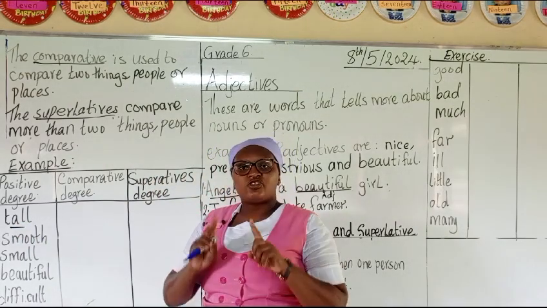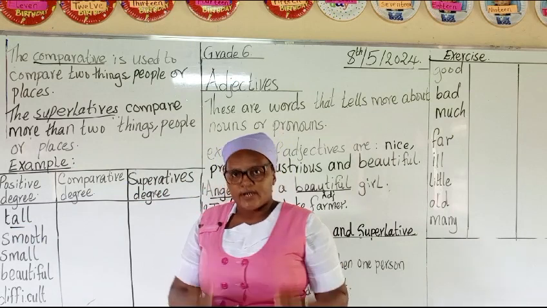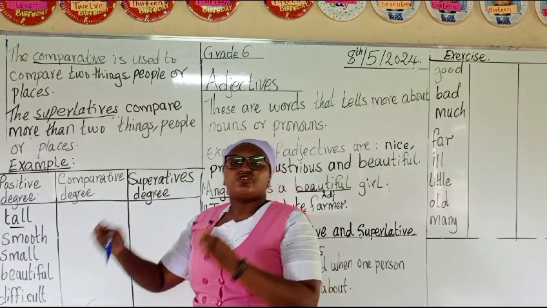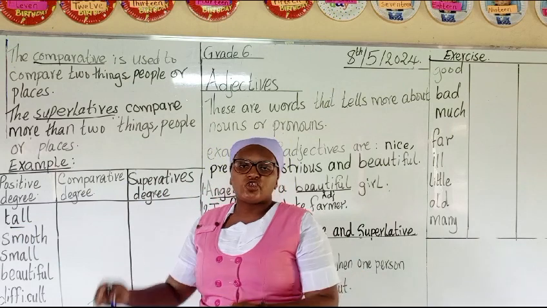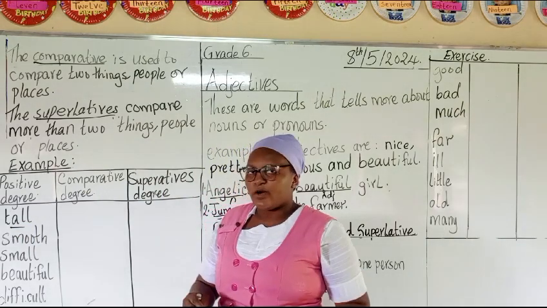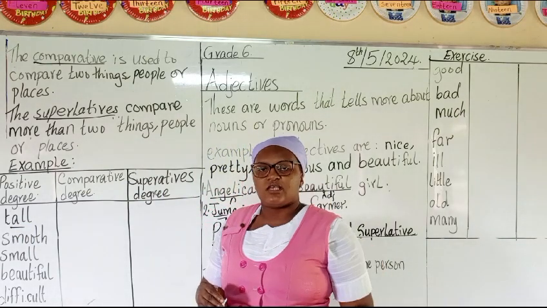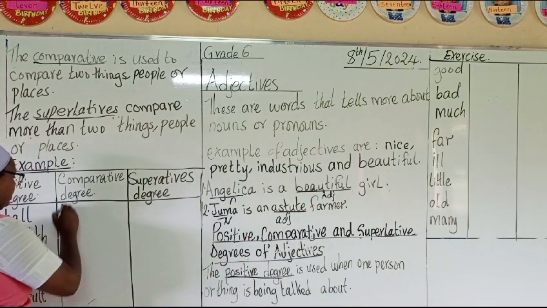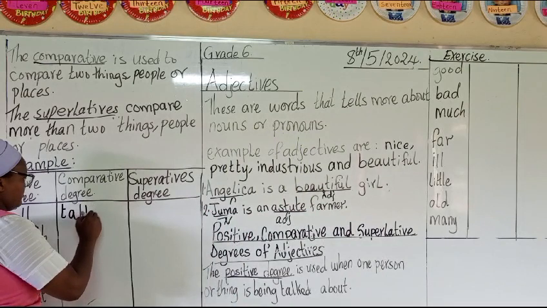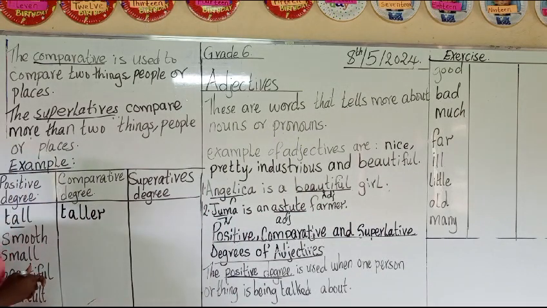If I'm to compare two, John and John, I'll say John is taller than John. So the adjective in this case will be taller. This one, I've compared two people.